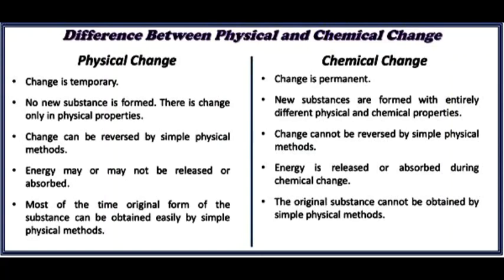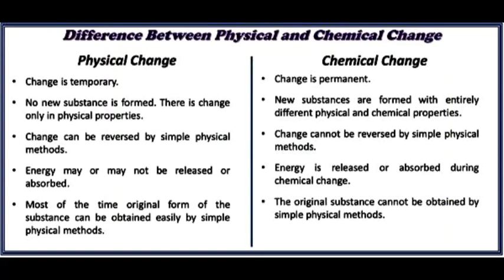Number 4, energy may or may not be released or absorbed. But during a chemical change, energy is always either released or absorbed. Chemical reaction is either endothermic or exothermic.